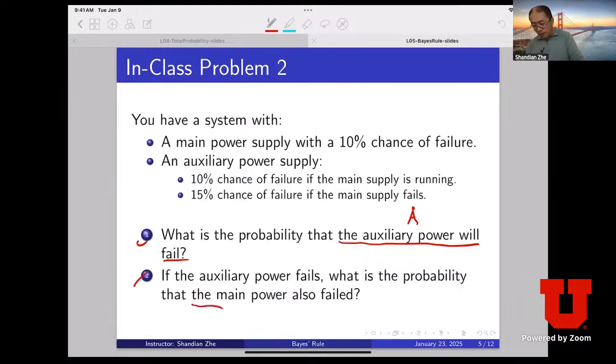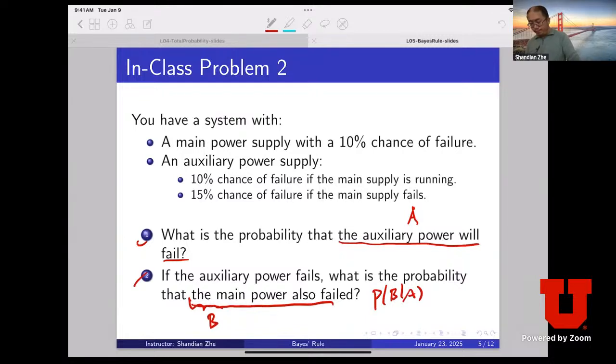We can define the event main power also failed as event B. This actually is about computing the conditional probability of B given A. This is conditional probability.